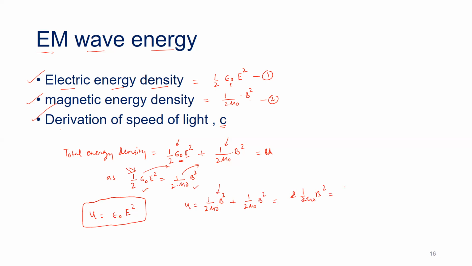So the 2 gets cancelled, and U will be equal to 1 divided by mu naught times B square.